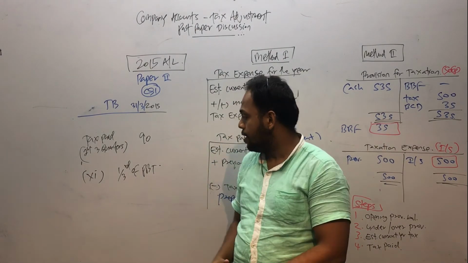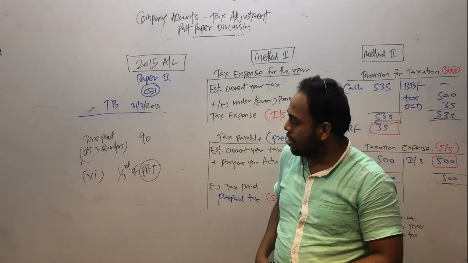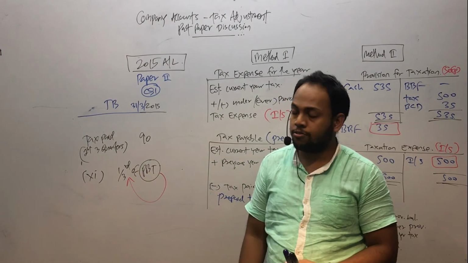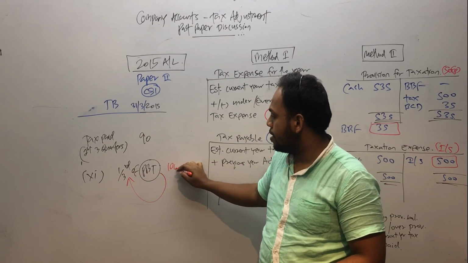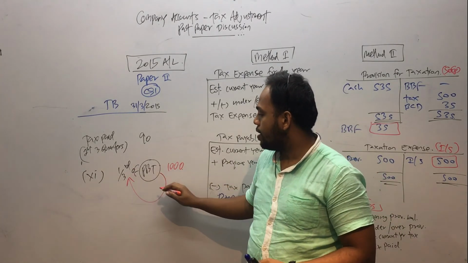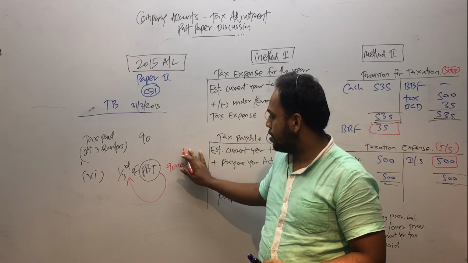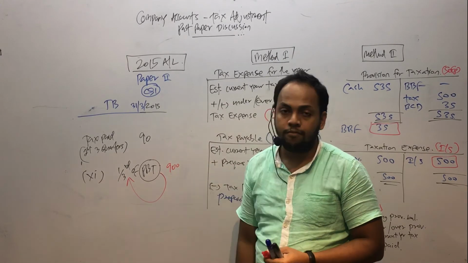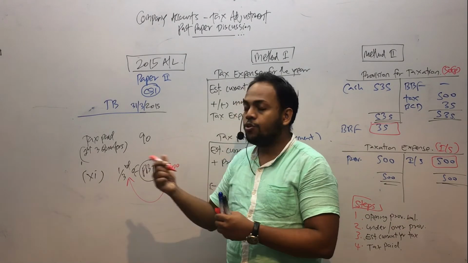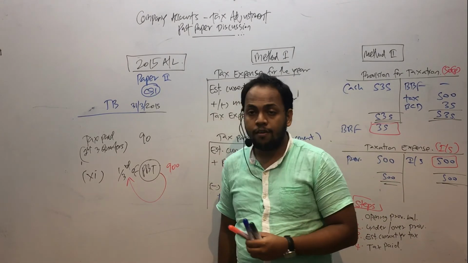You need to calculate the profit before tax, and out of it you take one third. Let's assume profit before tax is 1,000,000. So one third, let's say 900,000, then you take one third is 300. Then tax paid is 90. You will have a payable balance, right? So that is for 2015.